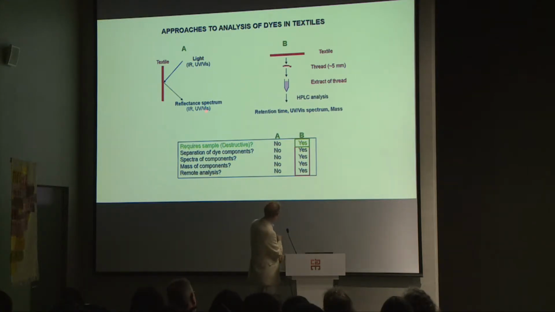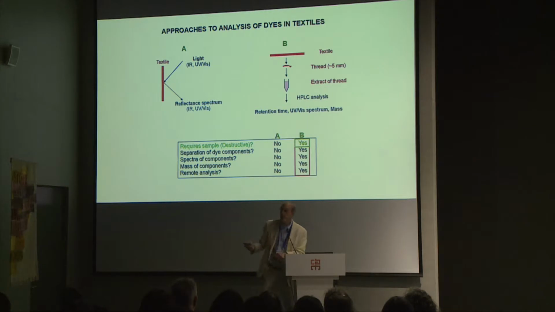Here, if you shine light on something, the result you get is a mixture of all the components on the textile. The downside is, though, you have to take a sample. So you have to cut out a piece and analyze it. Another important factor is remote analysis.